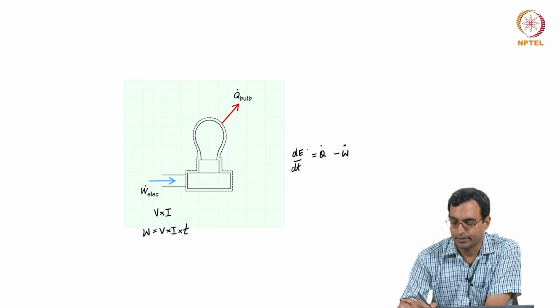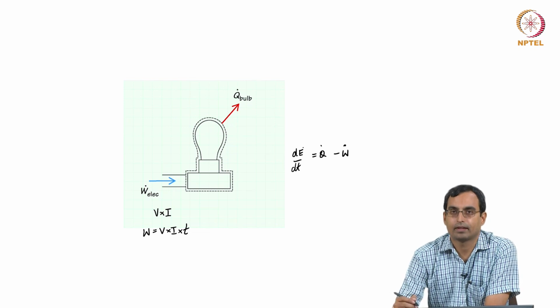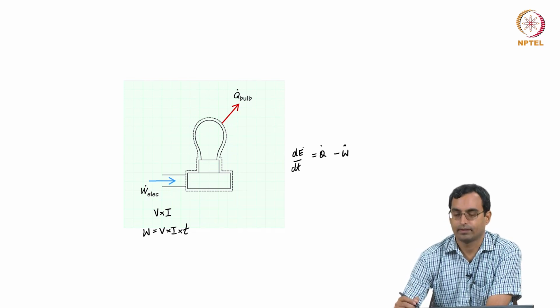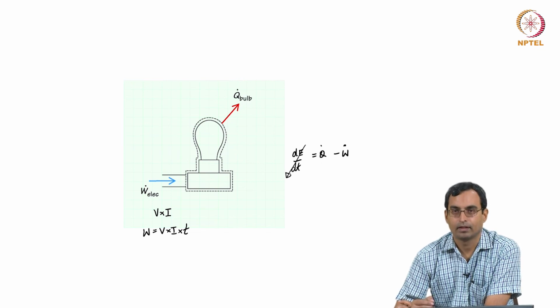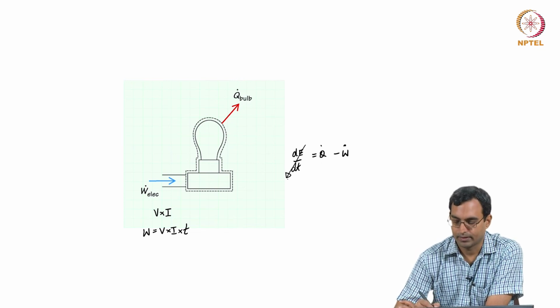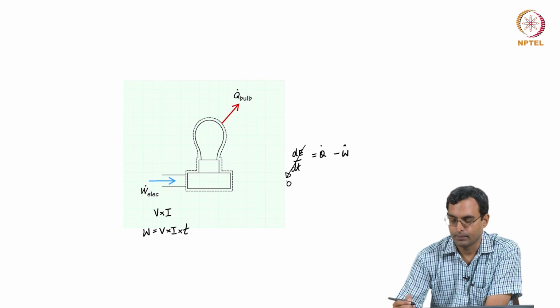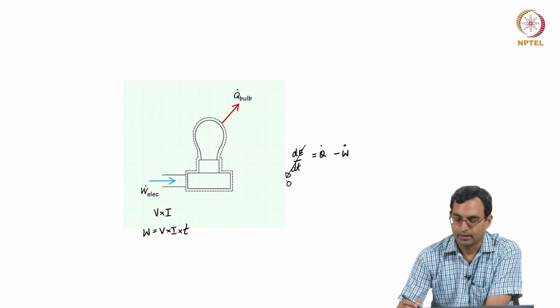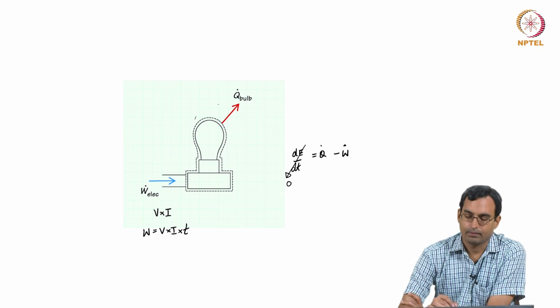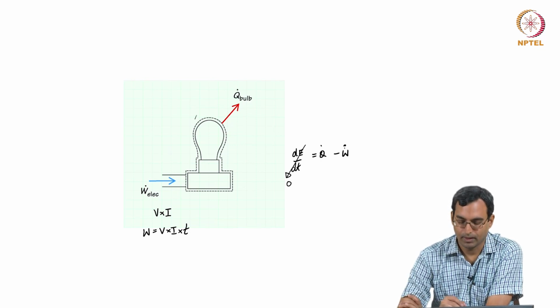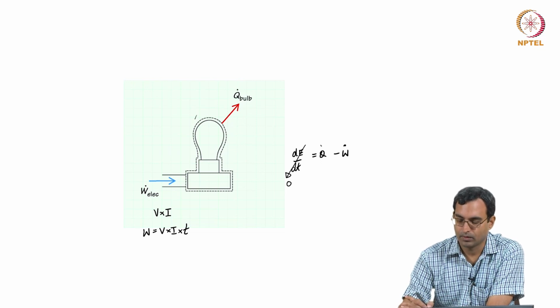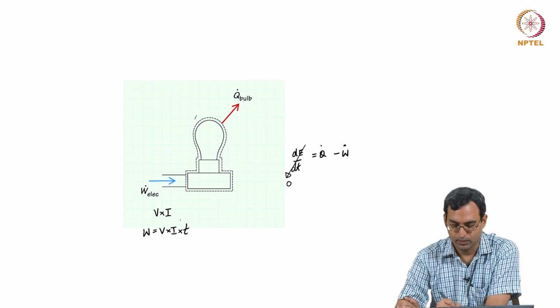So essentially this E, which is for us a sum of the potential energy, kinetic energy and internal energy, none of them is changing with time if the bulb is already on and remaining in steady state. So then this term goes to 0, and what I see is that any heat emitted by this bulb should be equal to the work done on this bulb. So I can find the value of Q dot, which should be equal to V into I.